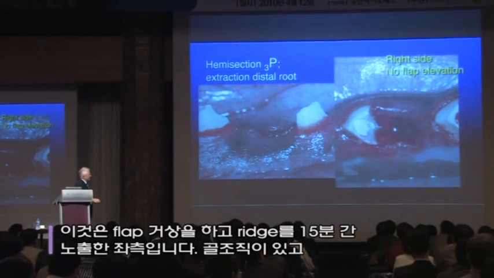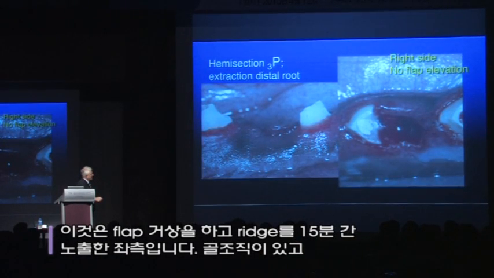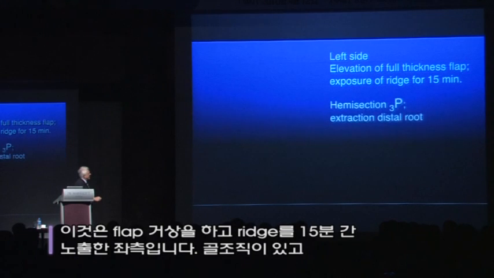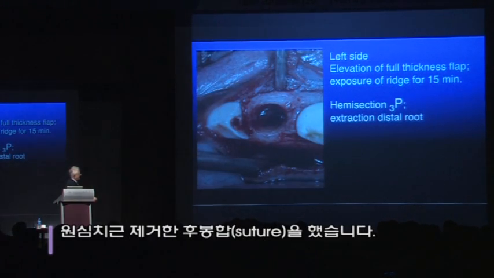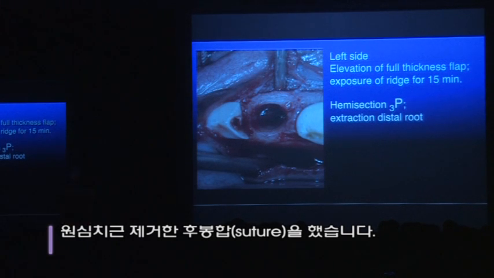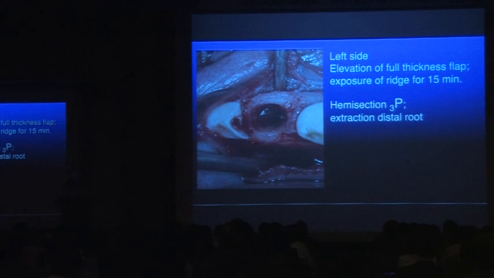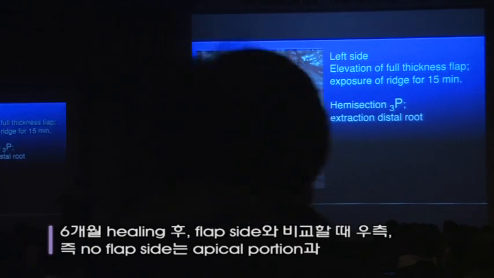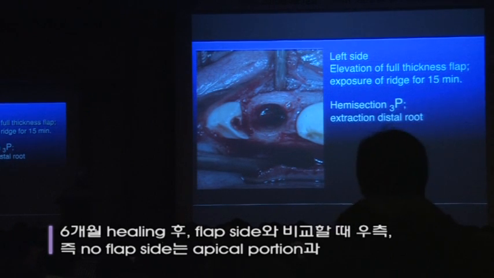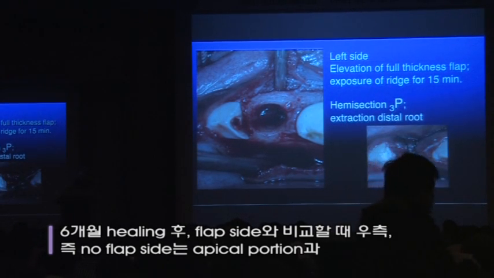And there are no signs of flap elevation. And then on the left side, we exposed the ridge for 15 minutes to allow the bone tissue to be damaged. And then the distal root was removed and sutured.